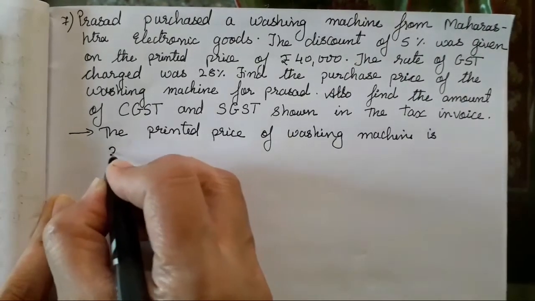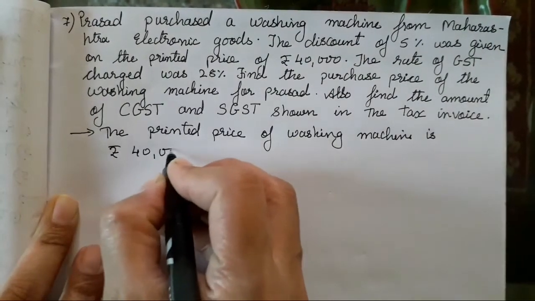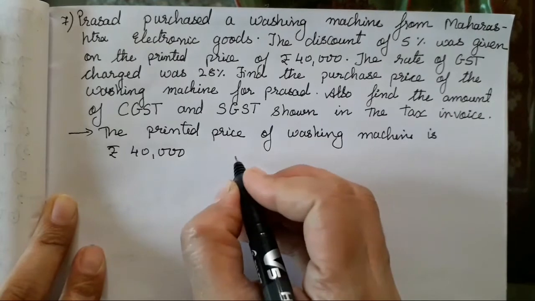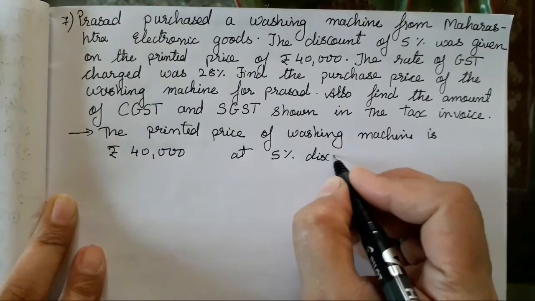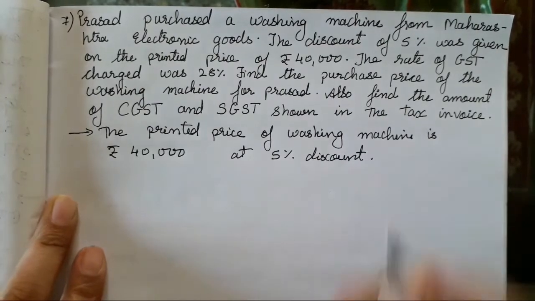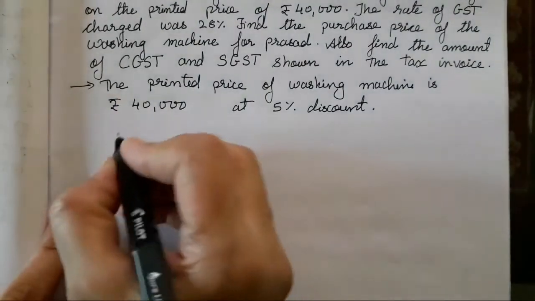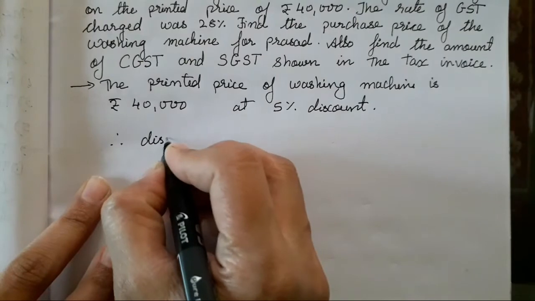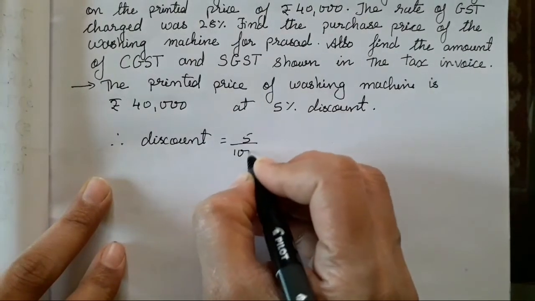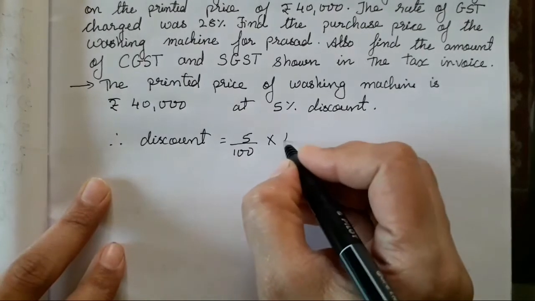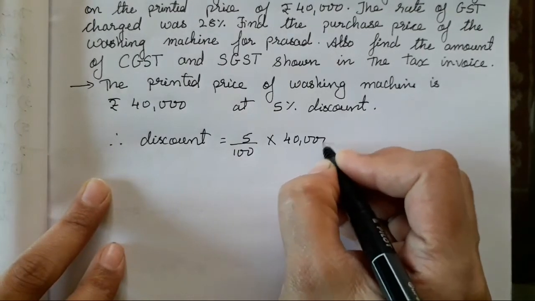is rupees 40,000. Okay, at 5% discount. Okay, so therefore discount is 5 upon 100 because it's percentage form, and 40,000.